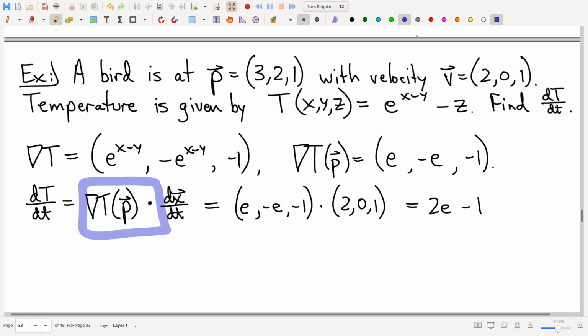Here our function gives temperature as a function of position. Temperature, of course, is just a scalar, a single number. I have a real valued function here, and thus a single row derivative matrix, or, as I am doing in this example, just dot product with the gradient.